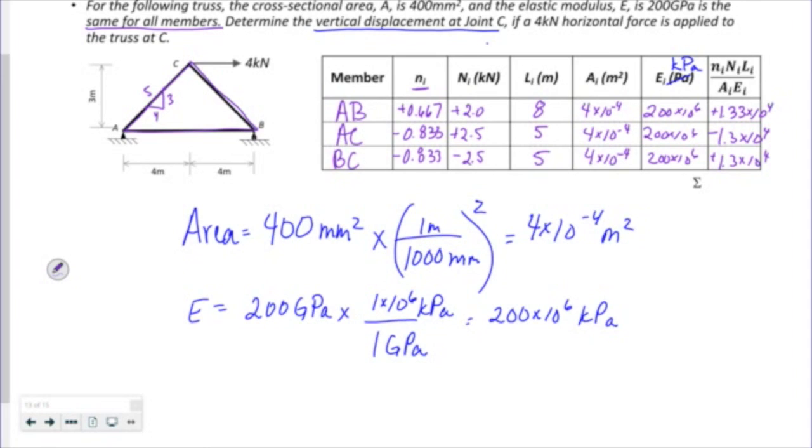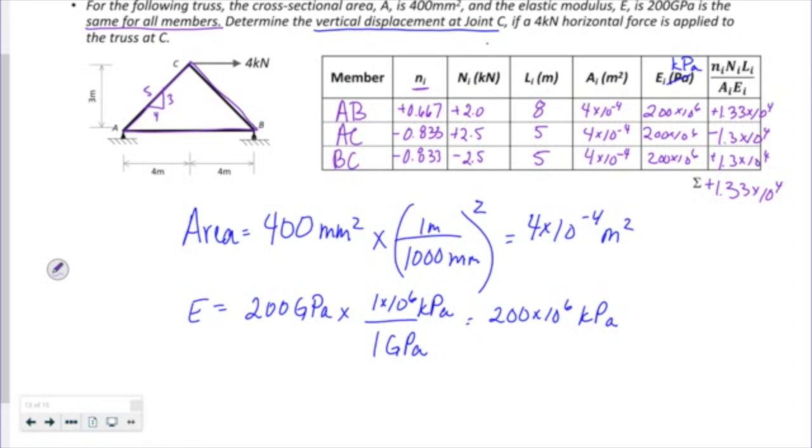BC is in compression. And those two are canceling each other out. The fact that AB is elongating means that C is coming down. If you add those together, you get plus 1.33 times 10 to the 4th.